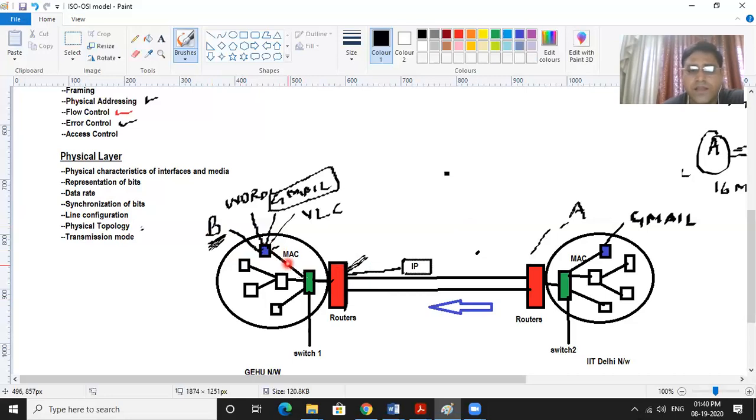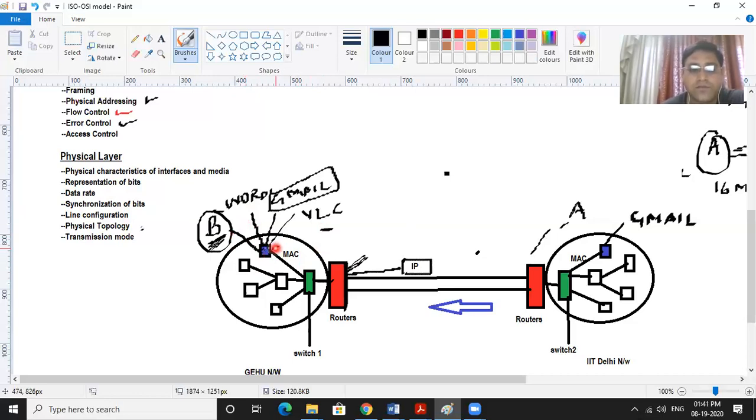So this is the MAC address, because inside the hotel, the room address is known by the reception, which is the switch. The switch knows each and every MAC address. It will tell you the room number, that is the MAC address, and finally person A will reach this room and meet person B. Now it can also happen that in the same room there are 4 or 5 people.